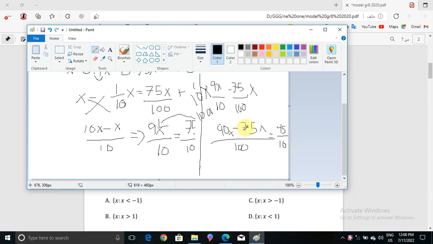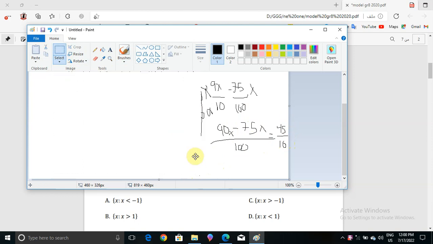Okay, now 90 minus 75, it will be 15. Here it will be 15x over 100, which is equal to 45 over 10.